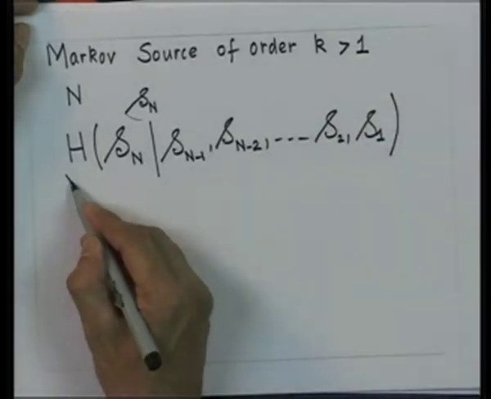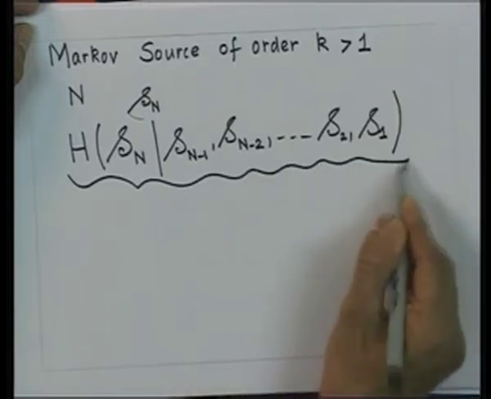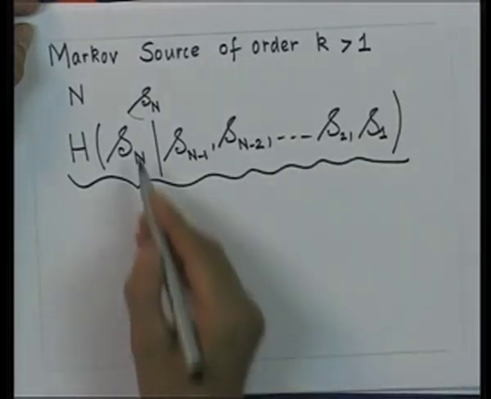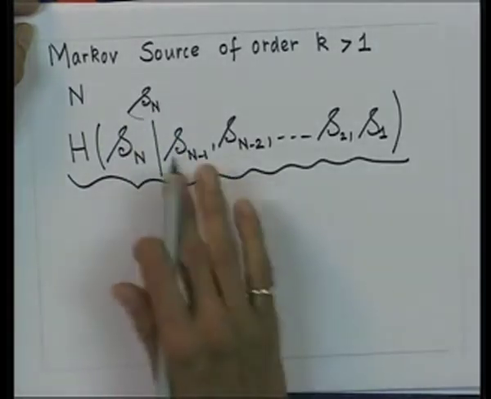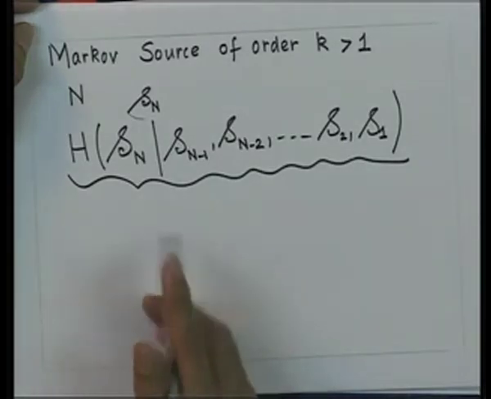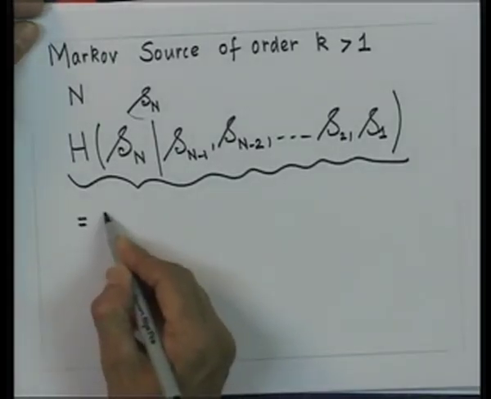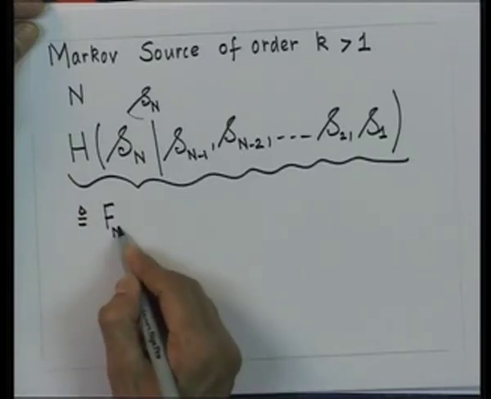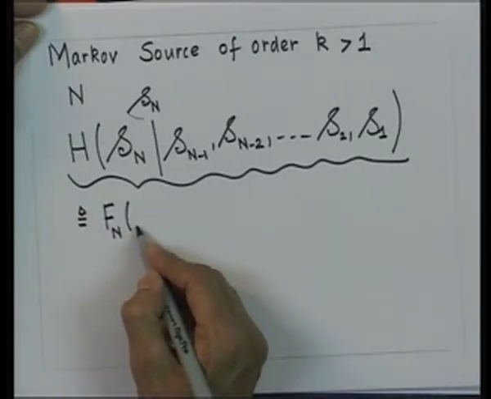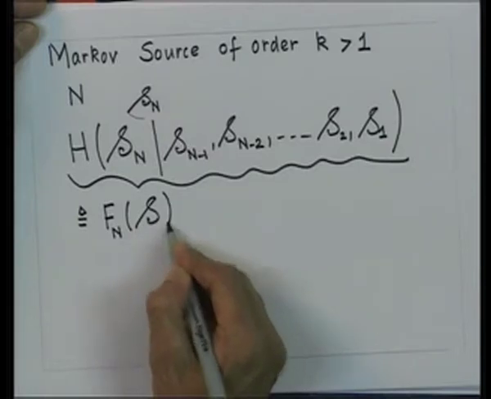So, this is the additional information which I get when I observe symbol Sn at time instant n. Now, this quantity, by definition, I will call Fn of S.